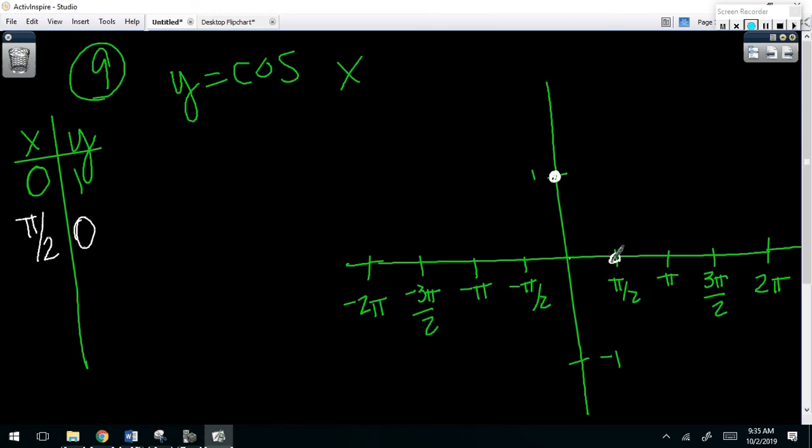See how if you know what to start with, you can figure out the rest of them? What do you think the cosine of 3 pi over 2 might be? And how about the cosine of 2 pi? 1. Same thing here again. Down, down, 0, up. So I've got this nice curve.